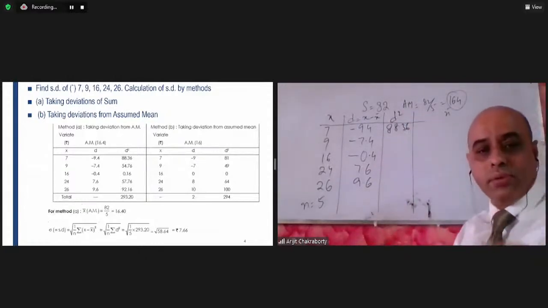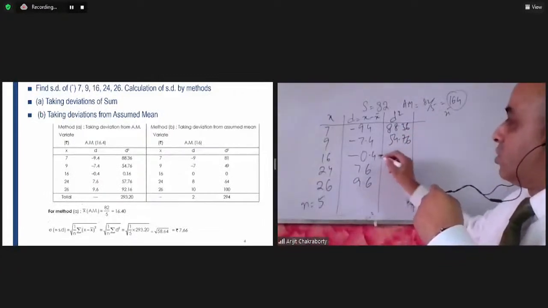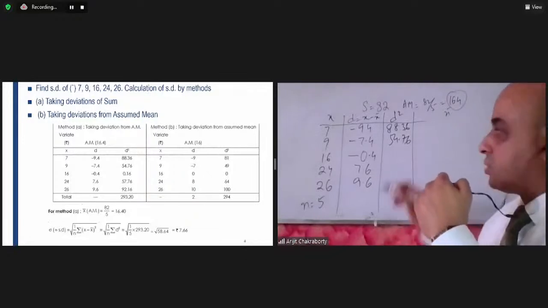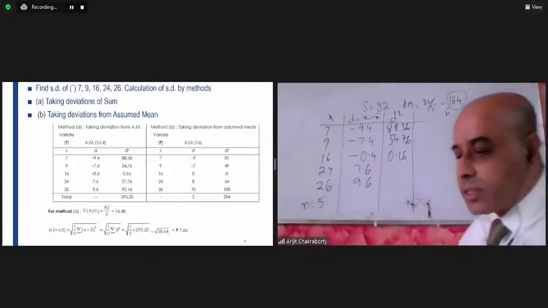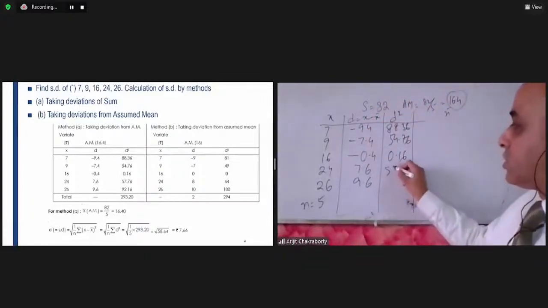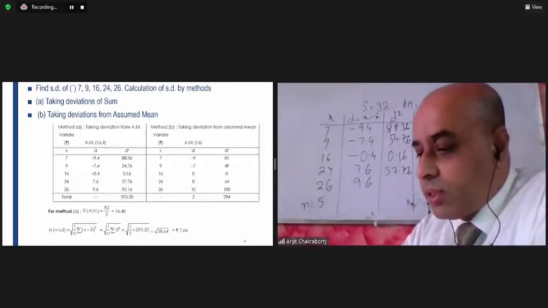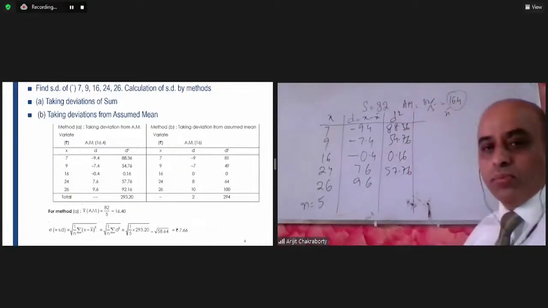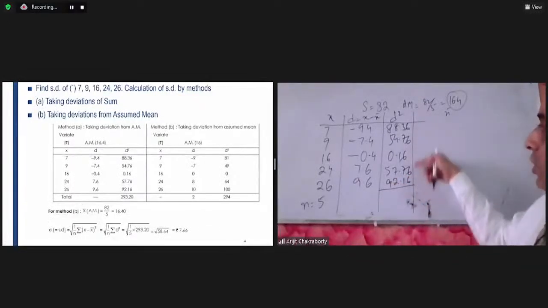The next one is 54.76. 0.4 into 0.4, you will find 0.16. 7.6 into 7.6 comes to 57.76. And 9.6 into 9.6 is 92.16.